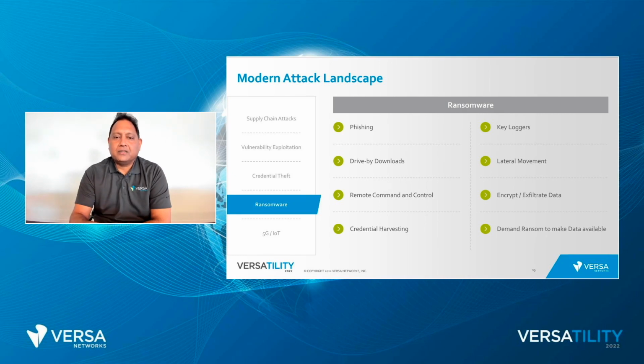So some of the attack techniques that the attackers use to get a foothold in a particular enterprise and then spread laterally within the enterprise, target high value systems, and target high value data that is very critical to the operations of a particular enterprise, and then try to encrypt it and hold the data ransom to their own advantage.